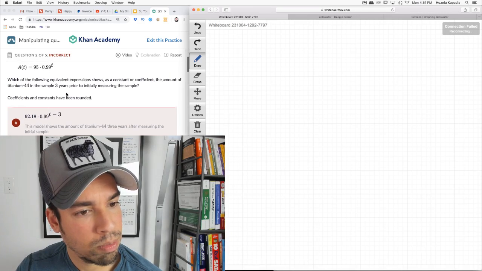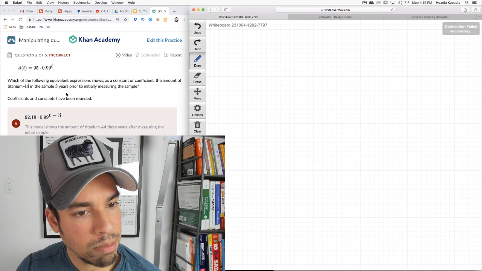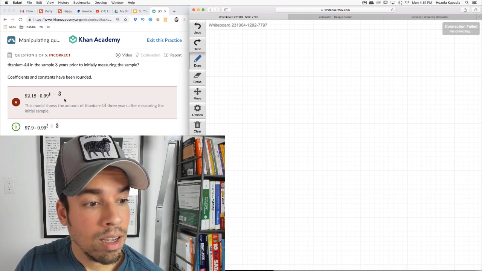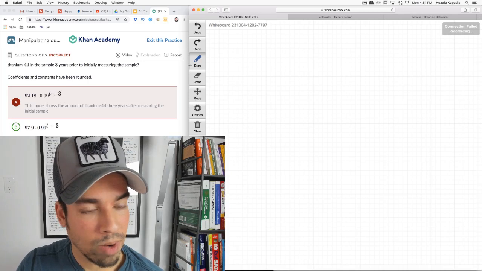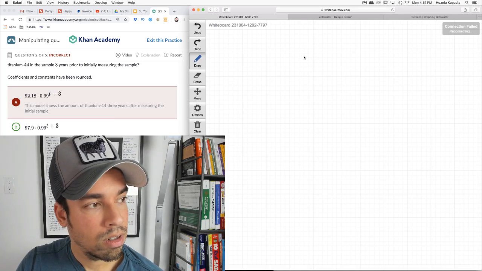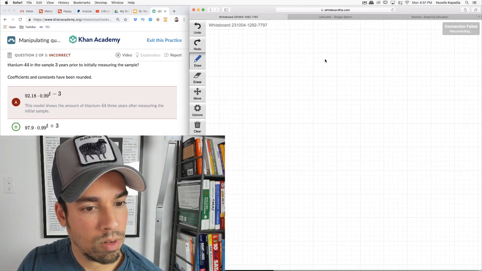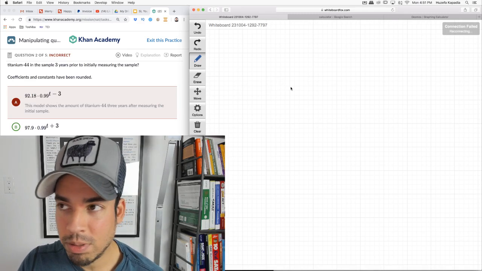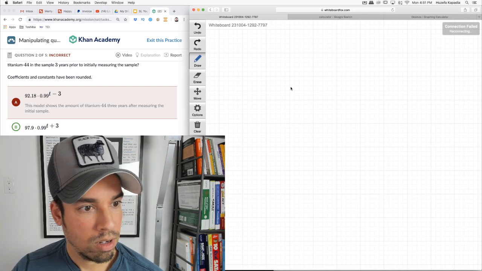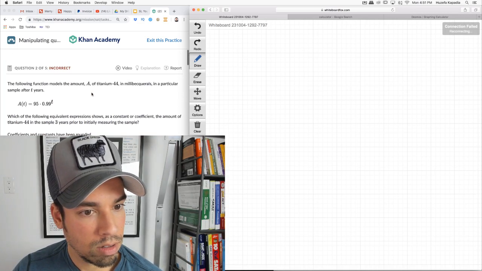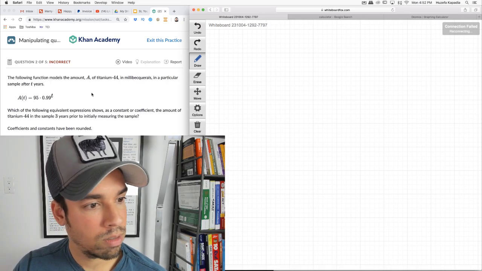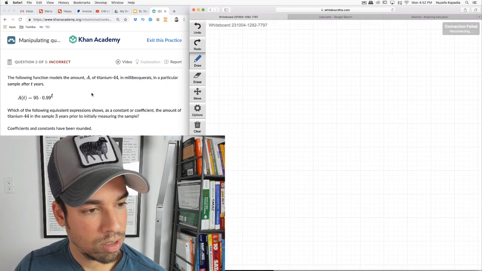And the sample 3 years prior to initially measuring the sample. See, again, if I'm measuring it at 4, right, at 4 years after, I'm thinking T minus 3 would be 1, and that should be 1 year. Oh, hold on. That would be 1 year after, in a particular sample after T years.